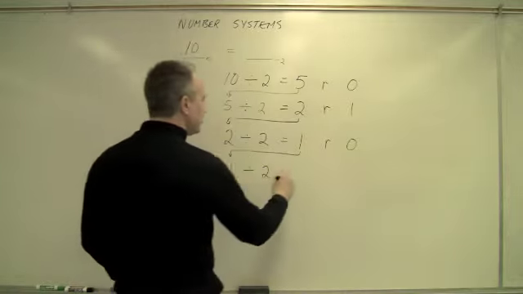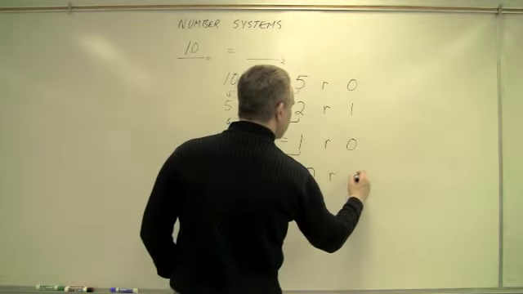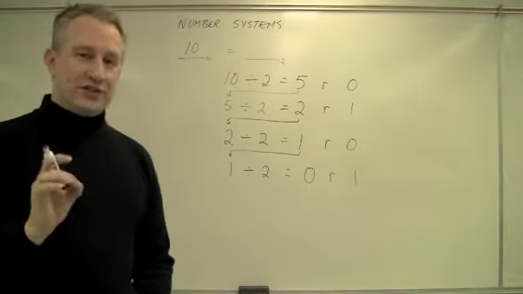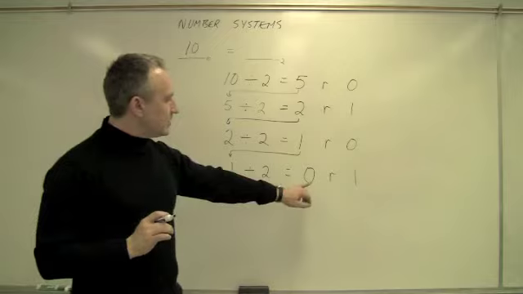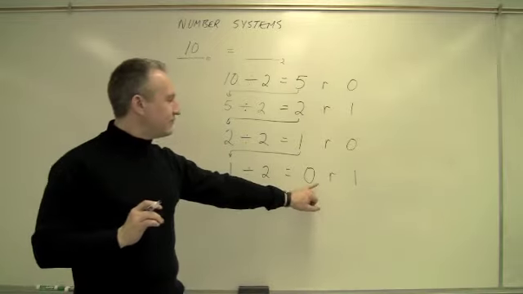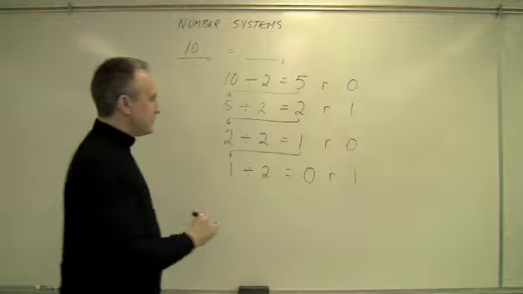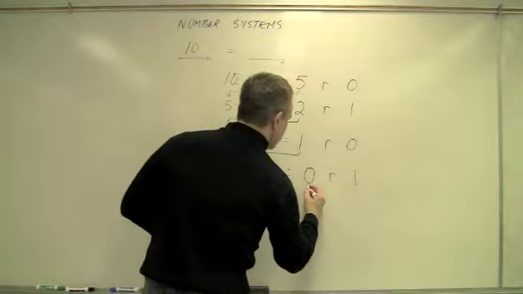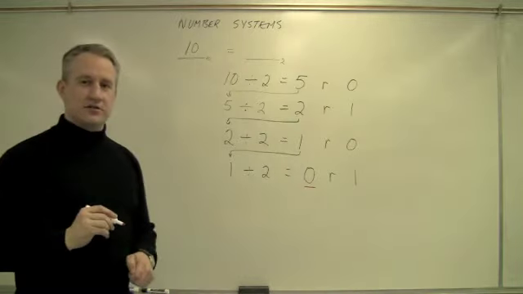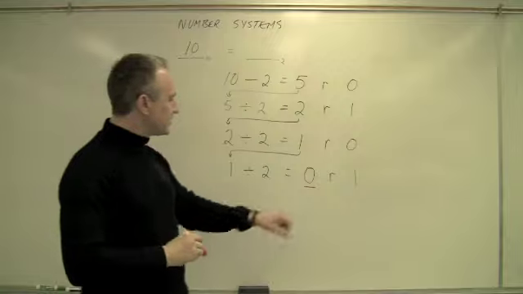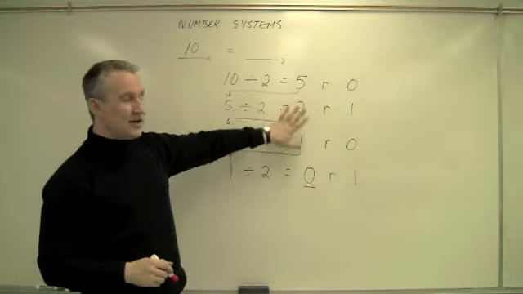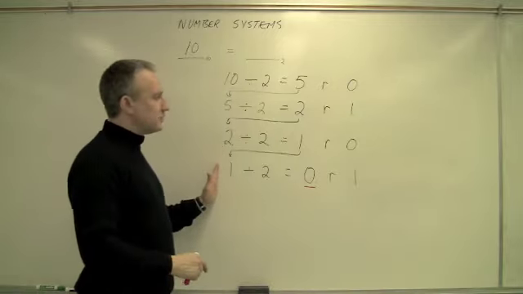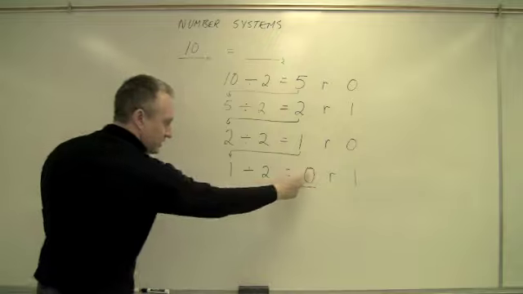One divided by 2 equals 0, remainder 1. Now this is where we stop. The reason we know this is where we stop is because we now have a 0 here. We have nothing left to bring down. That tells us we're done. As soon as we see a 0 in this position, as long as we have any other value, we'll keep bringing it down here and dividing, and we'll continue that until we get this value here.